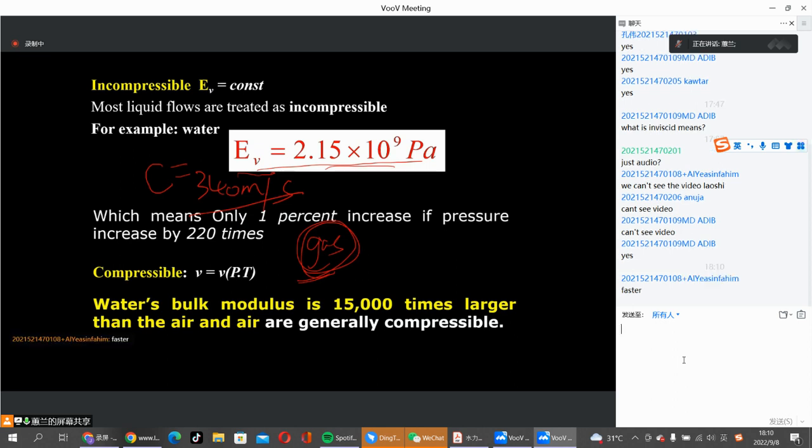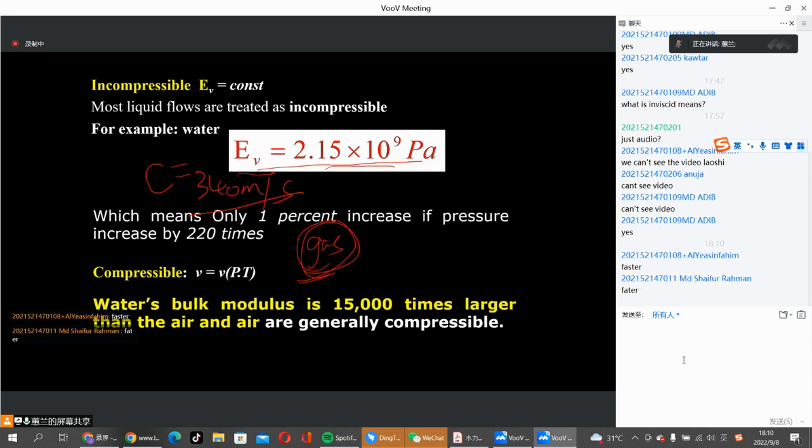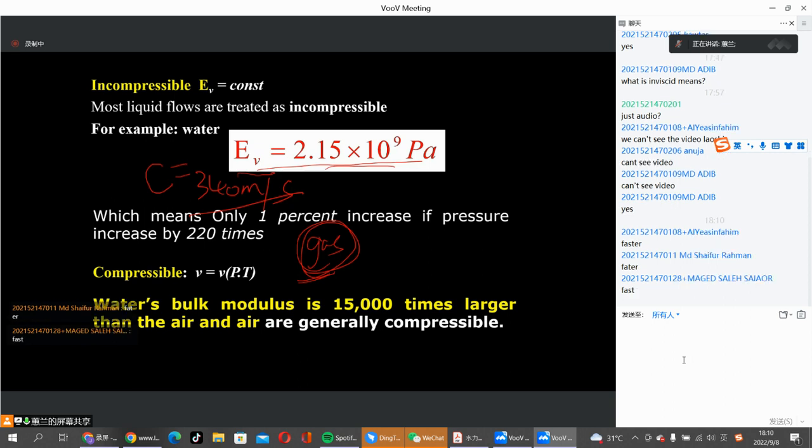Yes, much faster, because it's incompressible. We mean that if there is a pressure impulse, it will propagate to everyone in one second. Everybody knows that there is a pressure variation. That's incompressible.